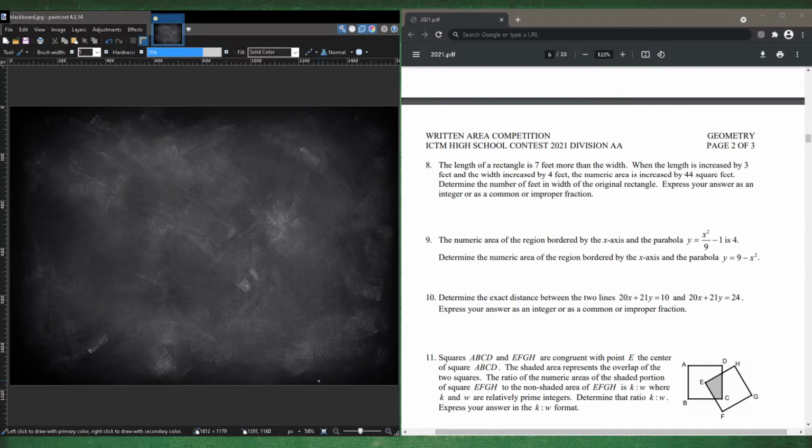Okay, question number 9. The numeric area of the region bordered by the x-axis and the parabola y equals x squared over 9 minus 1 is 4. Determine the numeric area of the region bordered by the x-axis and the parabola y equals 9 minus x squared. So there are 2 ways you could probably do this, more if you want, but 2 of the common ways.